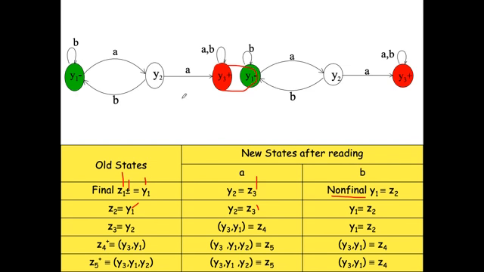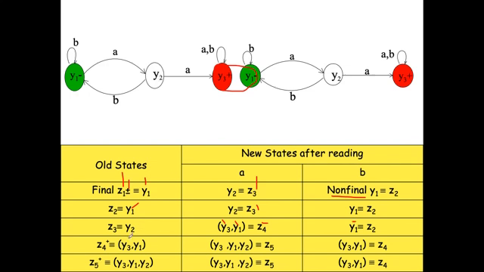So Y2 reading A, we go to Y3, and Y2 reading B, we go to Y1, which is Z4.